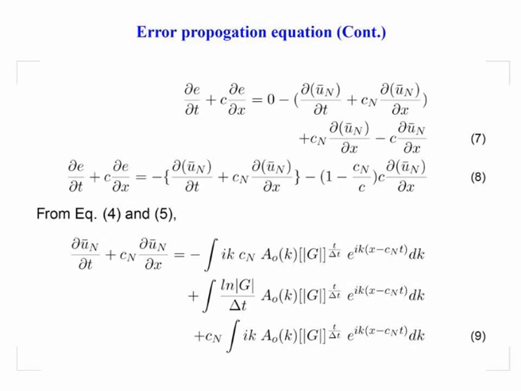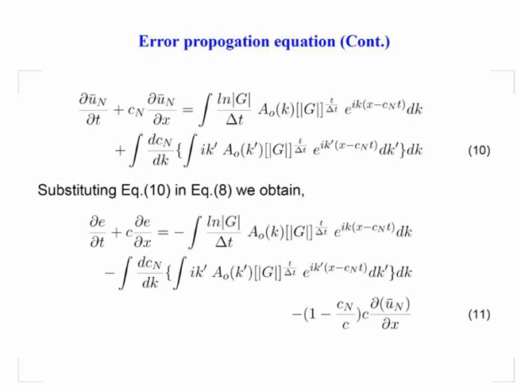I do that, and then I would be able to cancel out this term. However, in the process of that cancellation, we get this dc and dk term. You see, this is something we noticed just a while ago, that C n is not a constant, it is a function of k. So, that is what we sourced as the dispersion error.